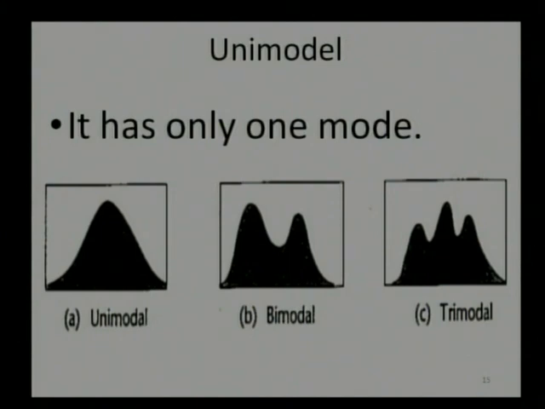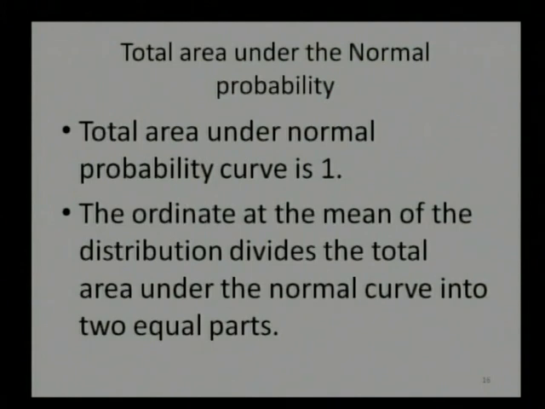So it is now clear that in the case of a normal distribution there will be only one mode, which means this distribution is unimodal. Okay, next, the total area under the normal probability curve is 1.